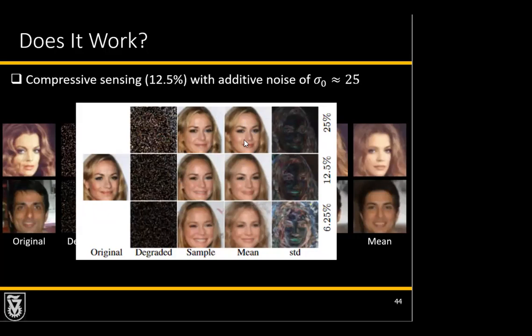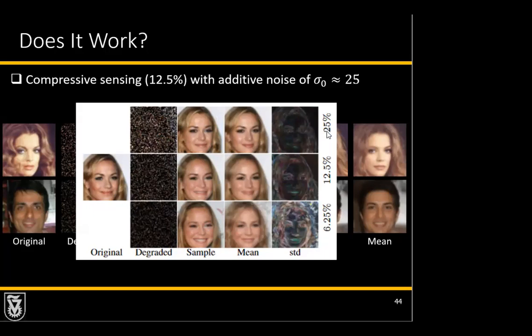But in any case, the sample from our algorithm, this is just one sample, right? The sample from our algorithm still has high perceptual quality across all compression ratios, across all levels, because this is sampling from the posterior. So it will still have its high resolution, its high quality, but it does look less and less like the original image because we have less data, right?